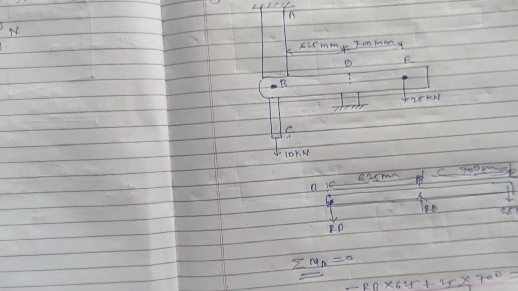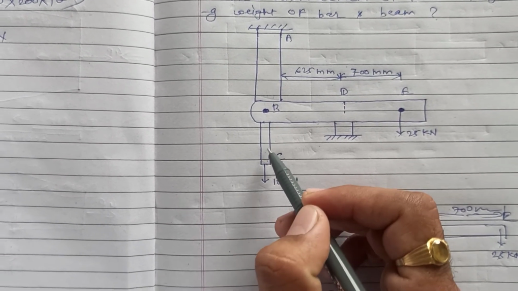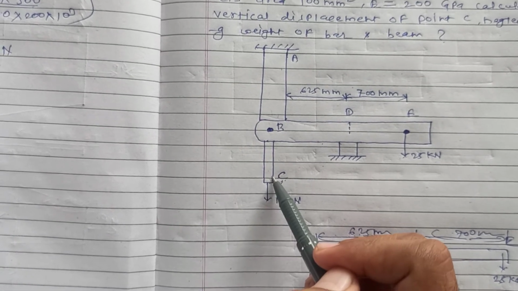Now our target is to find the displacement of C. So draw the free body diagram for AB and BC.